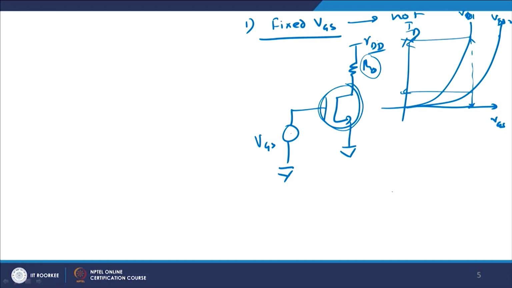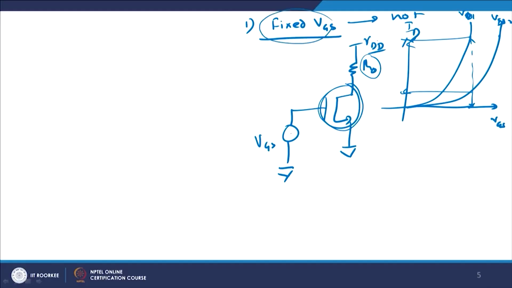It might also happen that for one calculation you have done properly, but for the other when you fix up the MOS device, it forces it to go into the saturation region or the non-linear region. So the fixed VGS technique is not a very good technique, and we do not assume it to be a very good technique.